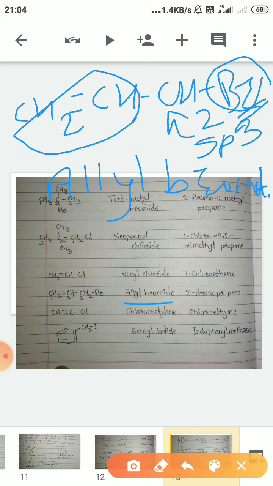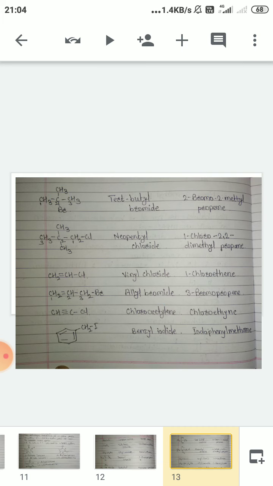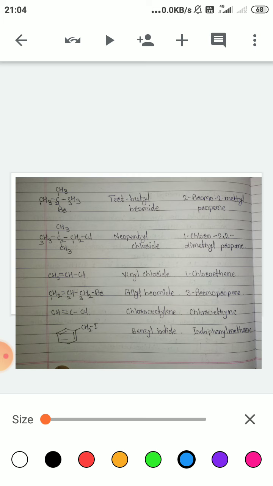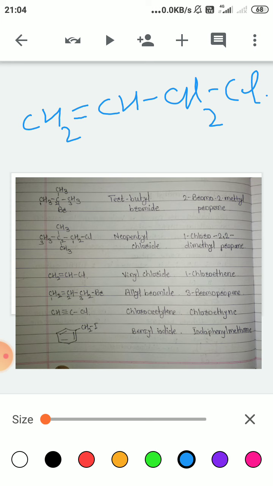Now we are going to see the IUPAC name of this compound. Write once again, CH2 double bond CH CH2Br. Bromine was there. Here two functional groups are present.